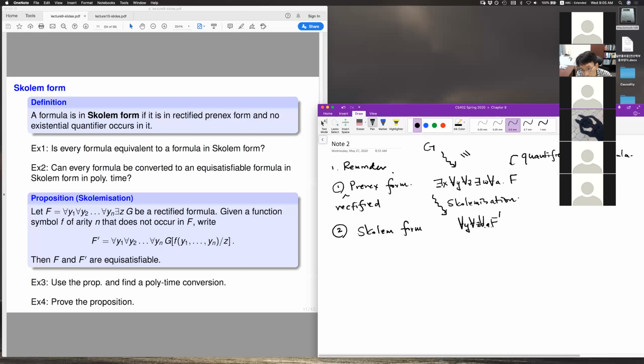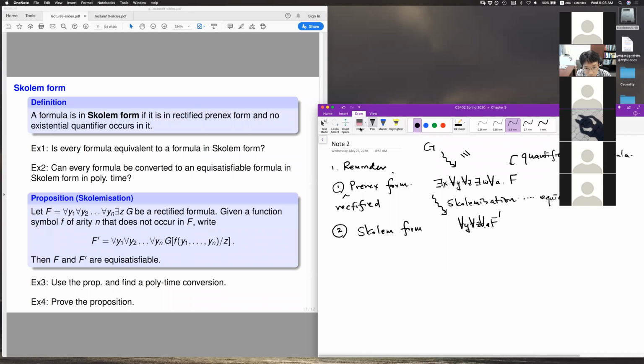This Skolemization is a bit different from the transformation to the rectified Prenex form in the sense that it only preserves satisfiability. So it's an equisatisfiable transformation.